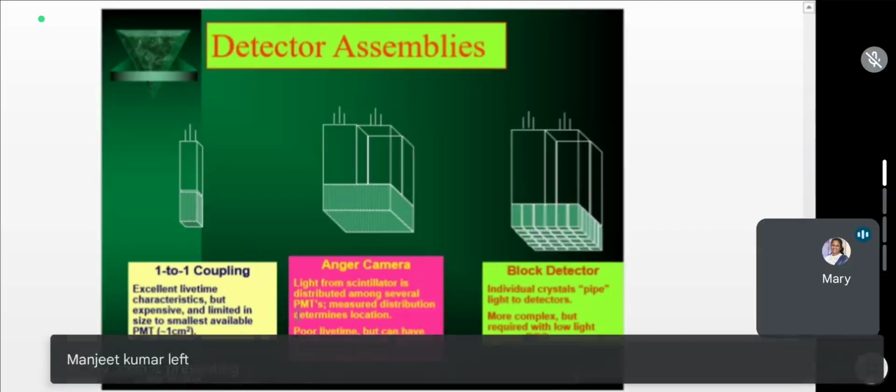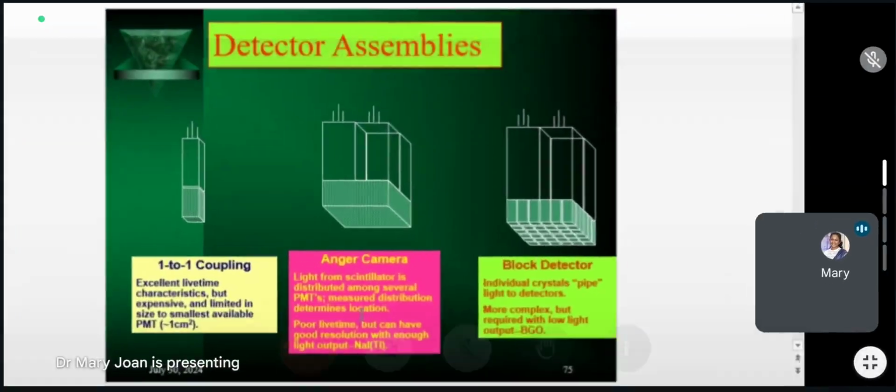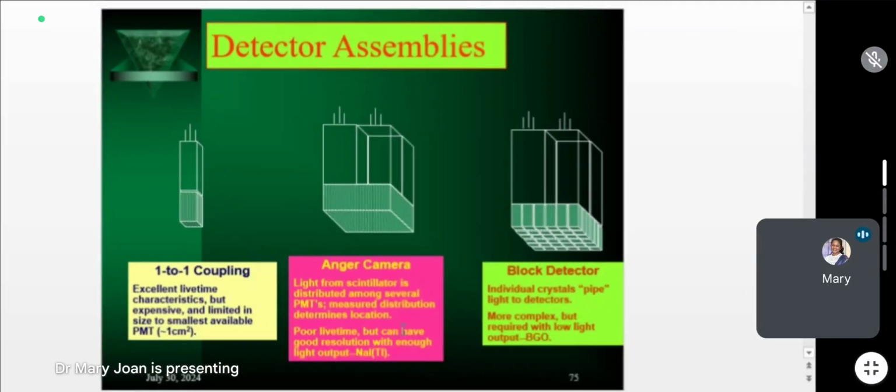And Anger Hangara, where light from the scintillator is distributed among several photomultiplier tubes, and the measured distribution determines location, but poor lifetime, but can have good resolution with enough light output. So sodium iodide thallium crystals are still used in Anger cameras, where a single crystal has multiple photomultiplier tubes.